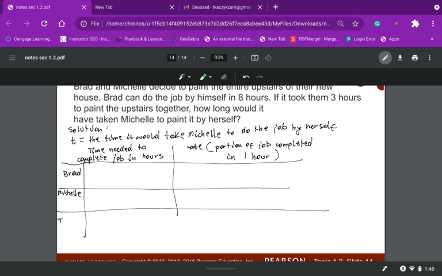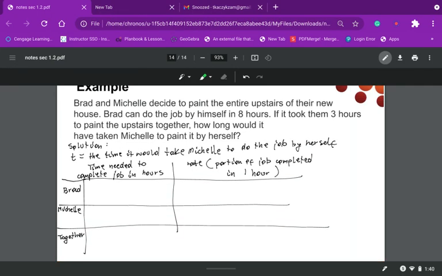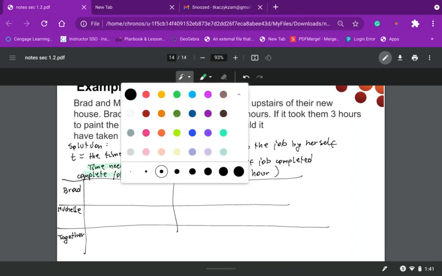So this is when we're talking about the job when they're doing together. Okay. So what we know that the Brad can do job by himself in 8 hours. So time needed to complete job in hours for Brad will be 8 hours.